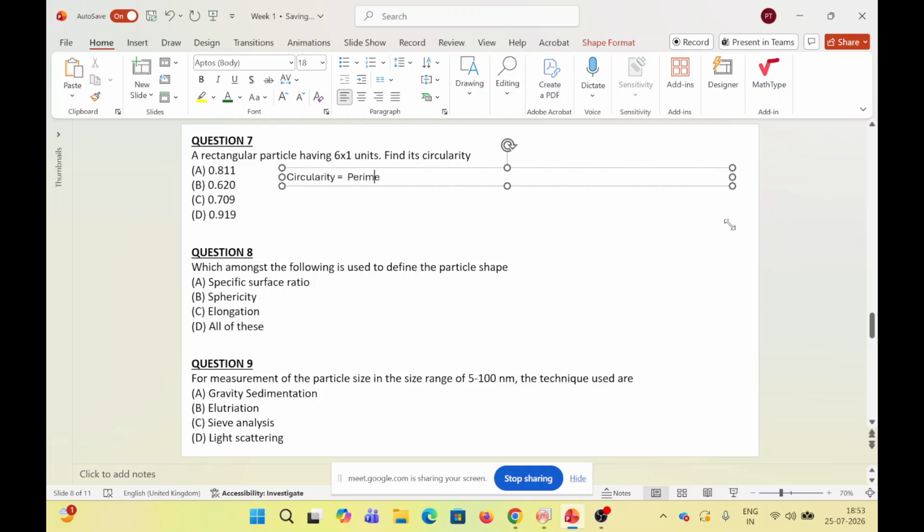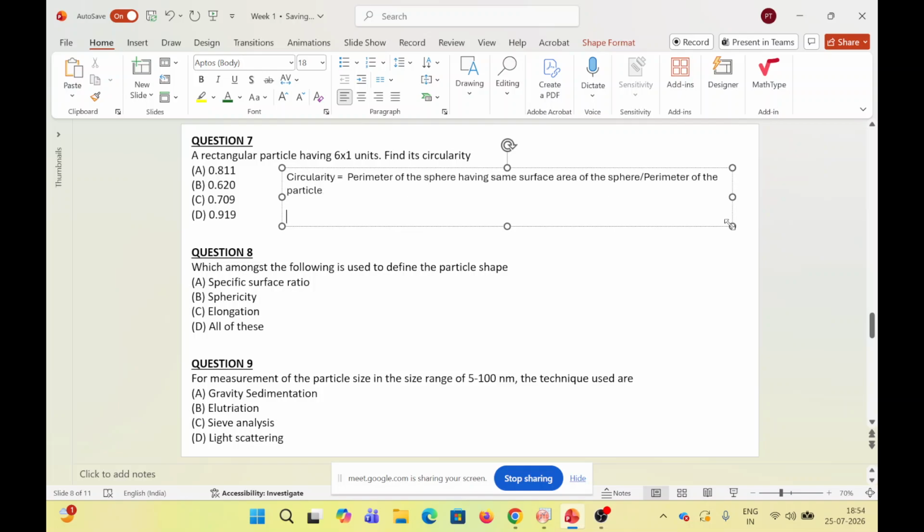So circularity is the perimeter of the sphere having the same surface area as that of the particle, divided by the perimeter of the particle, right?